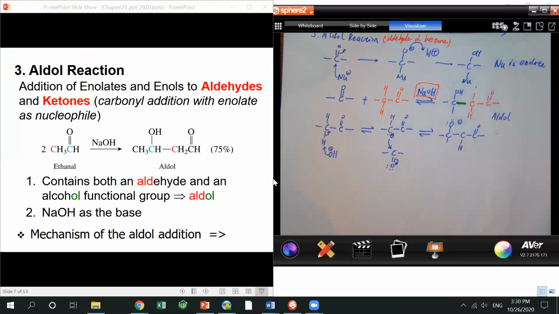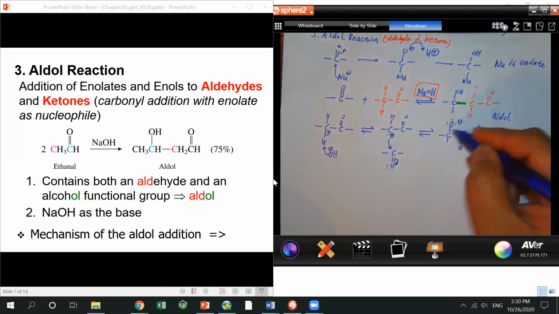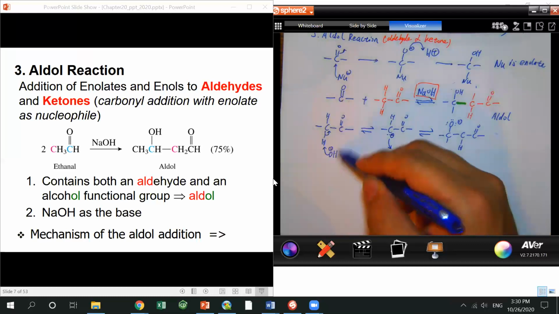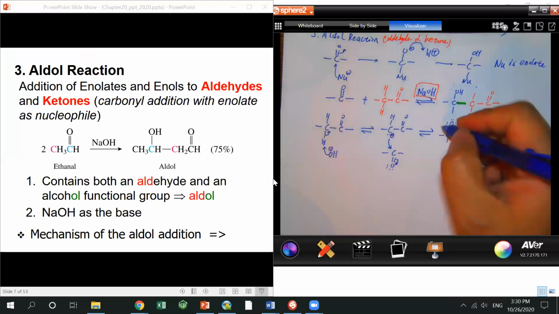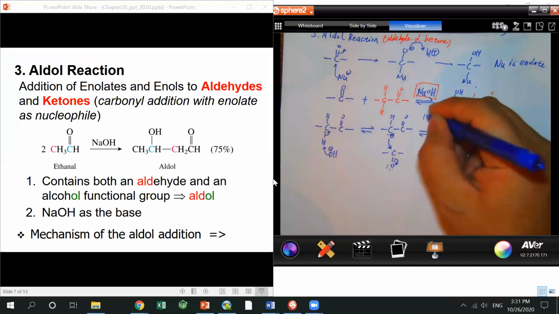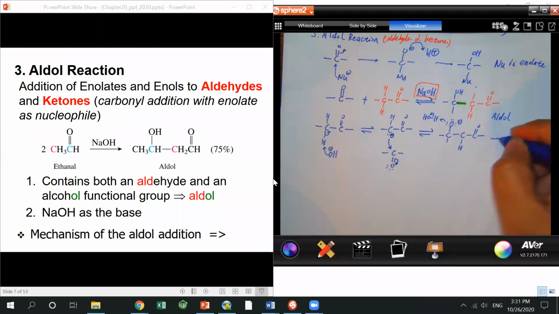Eventually this oxygen minus will pick up a hydrogen from the water, because in the first step you generated water, and that gives you the final Aldol product.